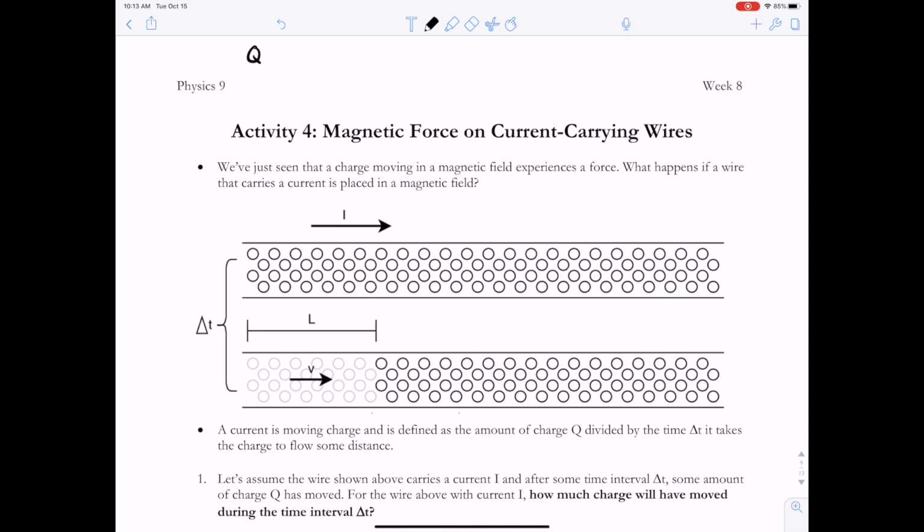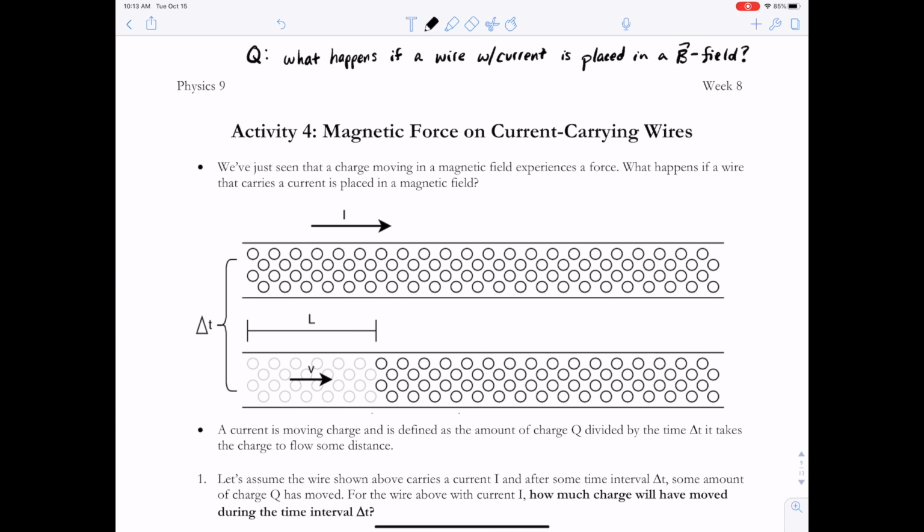So question, what happens if a wire with a current is placed in a magnetic field?